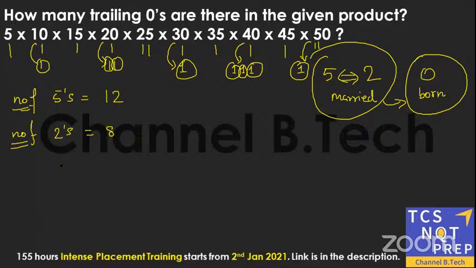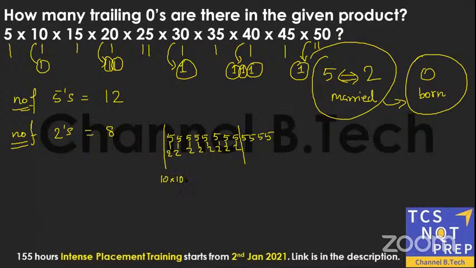That means when you expand this number, you will see the number 2 eight times and the number 5 twelve times. There are 12 5s and 8 2s. Now, in this group, each 5 can be joined with 1 2 to give 1 0.